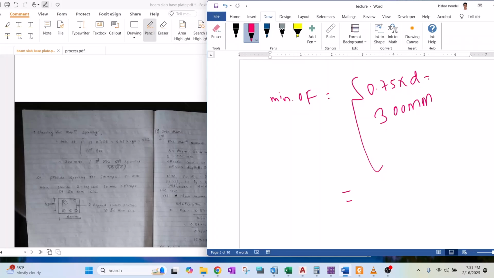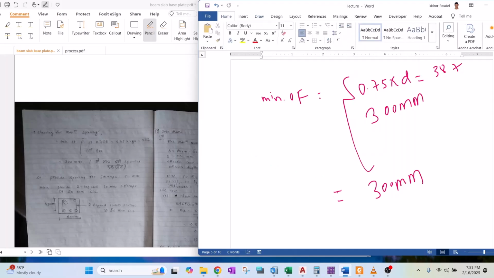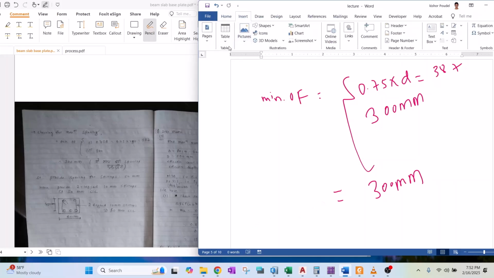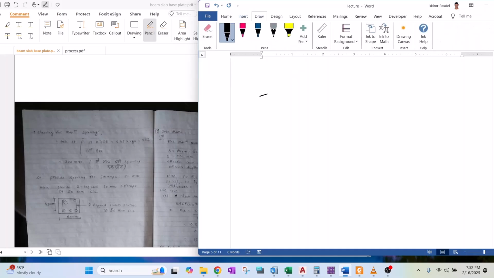So that will result in 387 and 300 mm. So we should not place the stirrups at greater than 300 mm spacing. In our case, the required spacing is 67 mm, so we can continue with that one. We can adopt the spacing of the stirrups as 50 mm, as adopted.